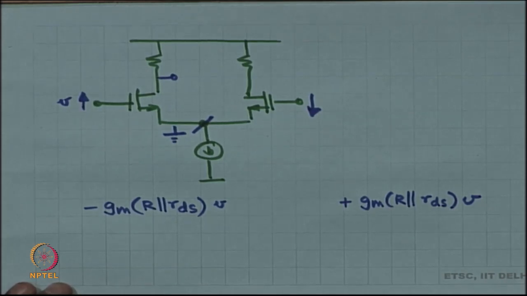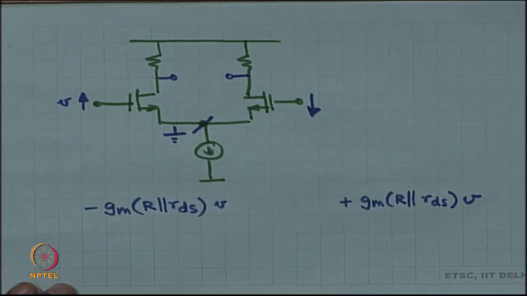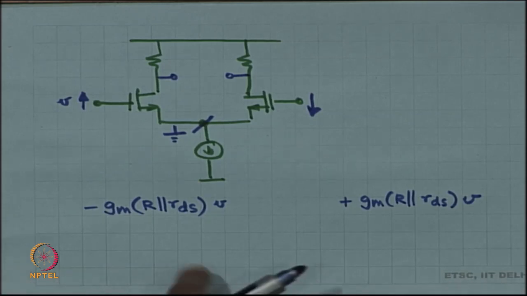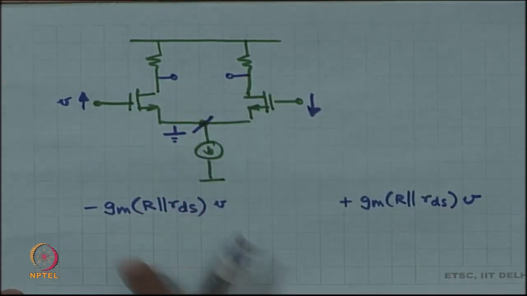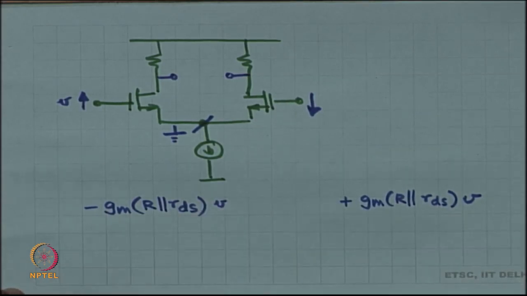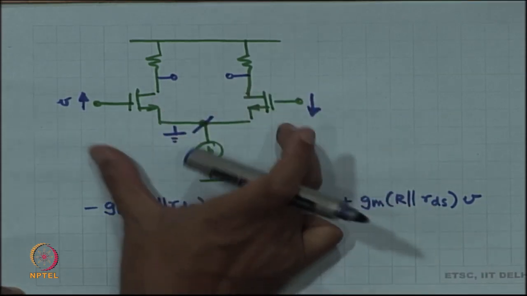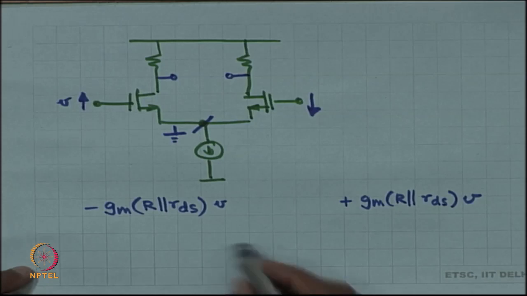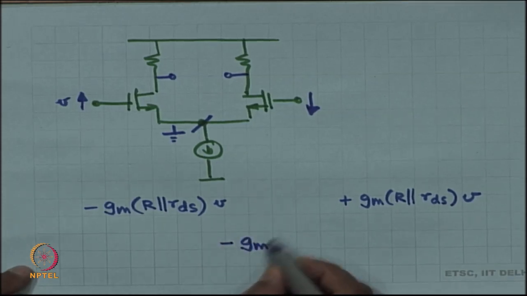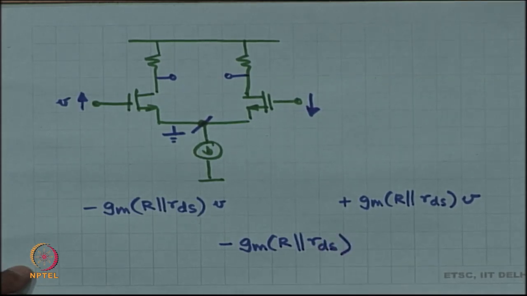Fine, all right. And then what do you do? Then you say that the total differential output is the difference between these two, which is 2 times this result. Okay. The differential gain is the difference between the two outputs divided by the difference between the two inputs, which happens to be just so much.